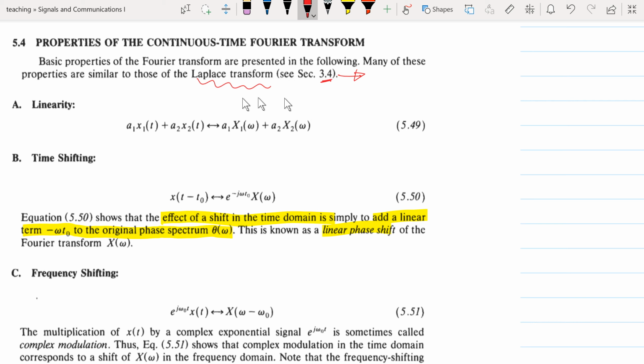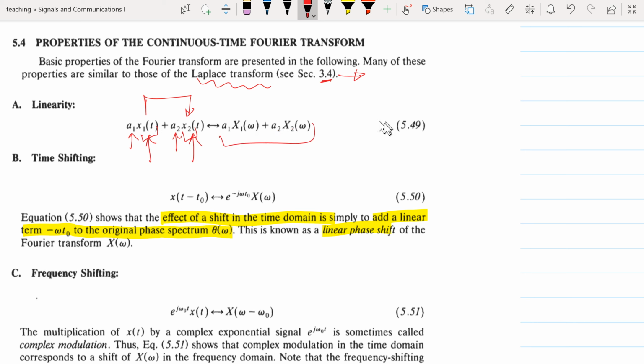The first property is that of linearity, such that if we have two non-periodic signals that you add, and when you're adding them, you multiply them with constants a1 and a2, then this is equivalent to Fourier transforming one and Fourier transforming the other individually, and then you add the results.